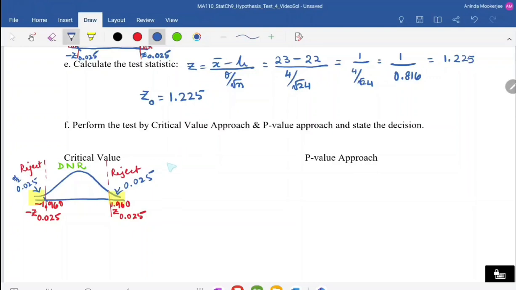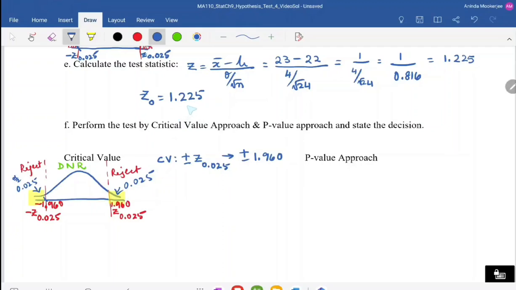So the critical value, you have to write it out though, all right? So critical value is plus minus z of 0.025, which comes to plus minus 1.960. All right, so now we bring our test statistic value z sub 0 and see where it falls in our diagram.